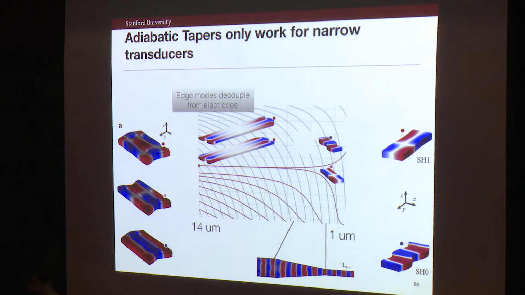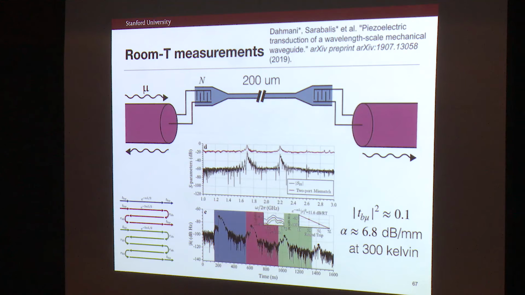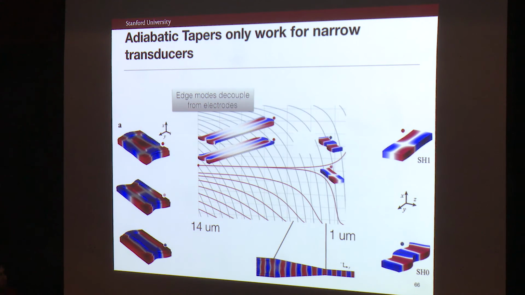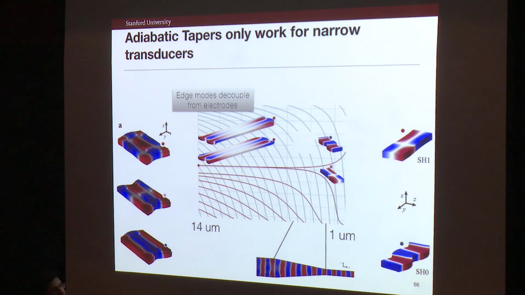So in mechanics, the edges are always the slowest waves, and so the fundamental modes of a waveguide are always at the edges. There are always these edge modes. And edge modes don't couple well to electrodes, which are in the middle. So basically our solution was the laziest solution, which is, don't go to a very wide transducer, go to a narrow transducer, but just make it long.